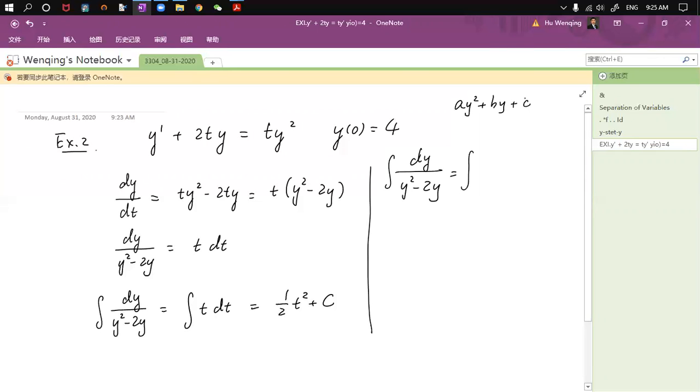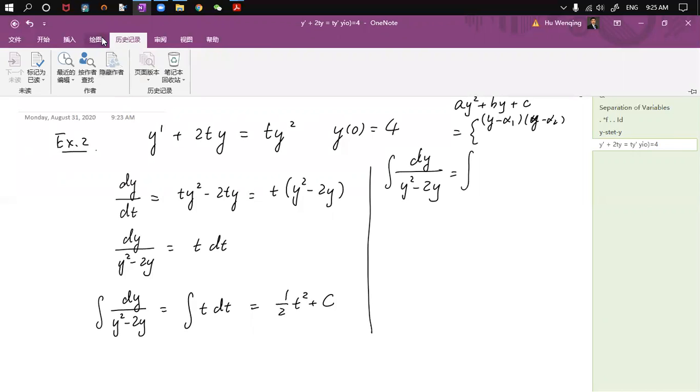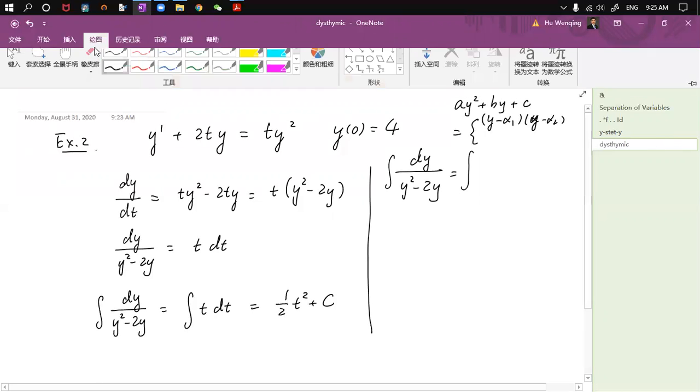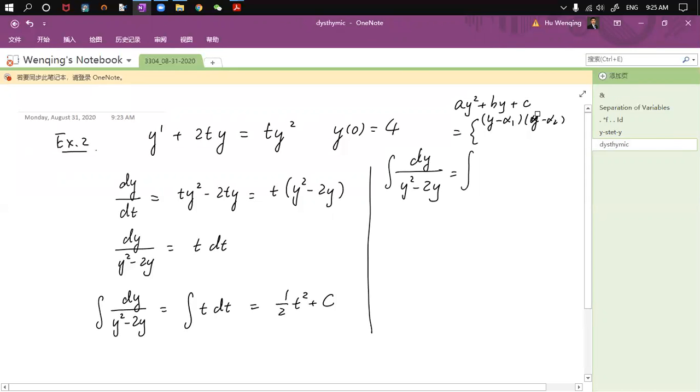One way is to write it as (y minus alpha 1) times (y minus alpha 2). You just factorize such a quadratic form. That's the first way of thinking about the quadratic form.